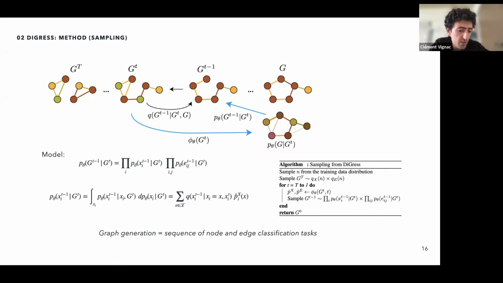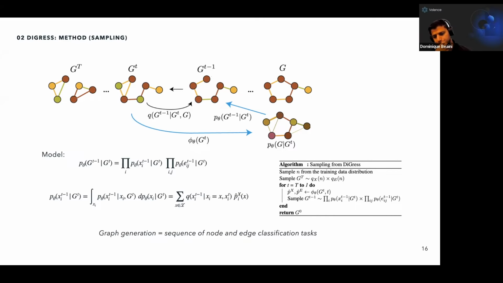As you saw previously, if you want to do this, you need to be able to compute the integral over the inputs. But here, first, this integral is just a product over nodes and edges. And second, it's just a sum, because you have a discrete state space, so it's the sum over the possible states. Yes, Dominique?